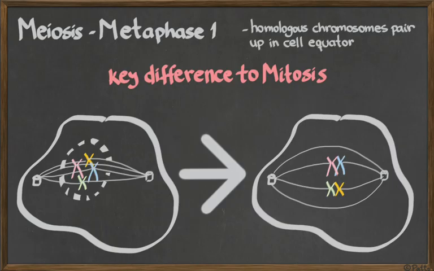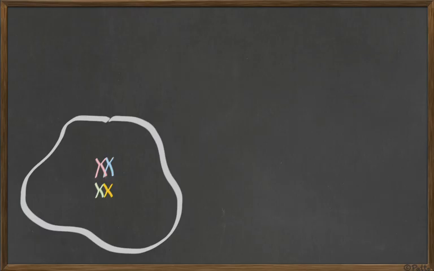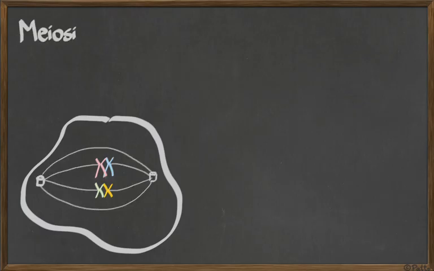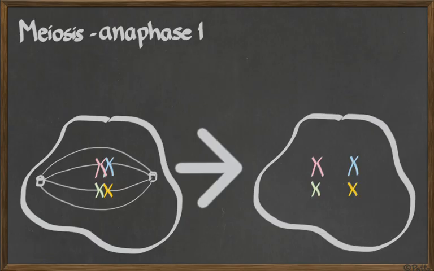For example, if chromosomes get aligned in pairs around the equator, what's going to be happening in anaphase? So anaphase 1 is going to be separating whatever has been aligned. So if the homologous chromosomes have been aligned, what anaphase is going to do is separate homologous chromosomes.